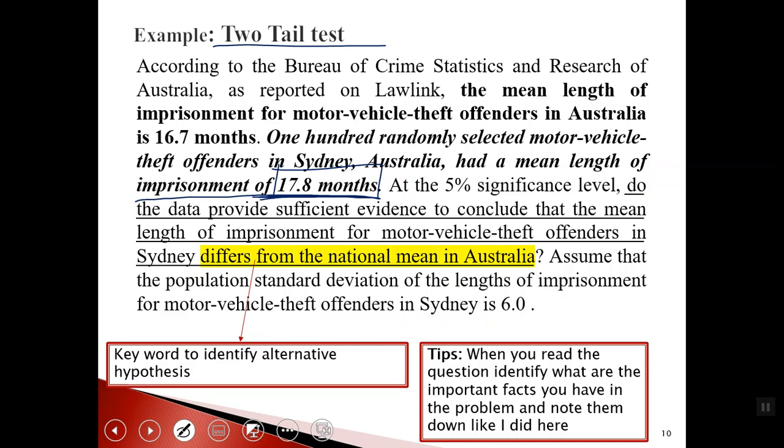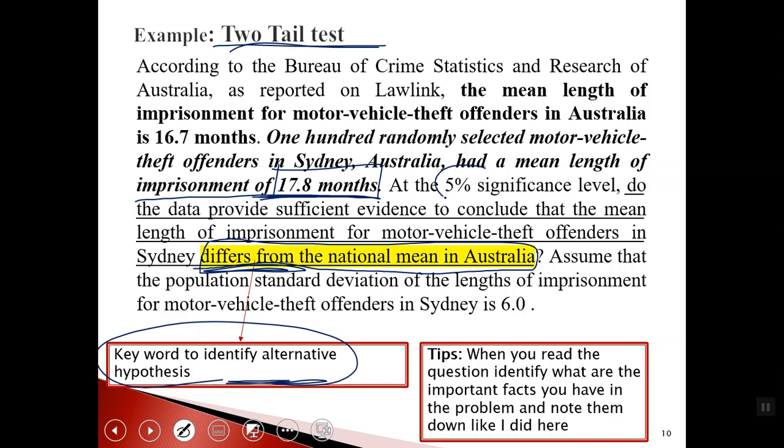Go through this question and identify what they need to find. Differs from the national mean in Australia. Differs is not a less than or greater than case. Differs, the difference. So this is the keyword which goes to the alternative hypothesis, which means this is a two-tail test.